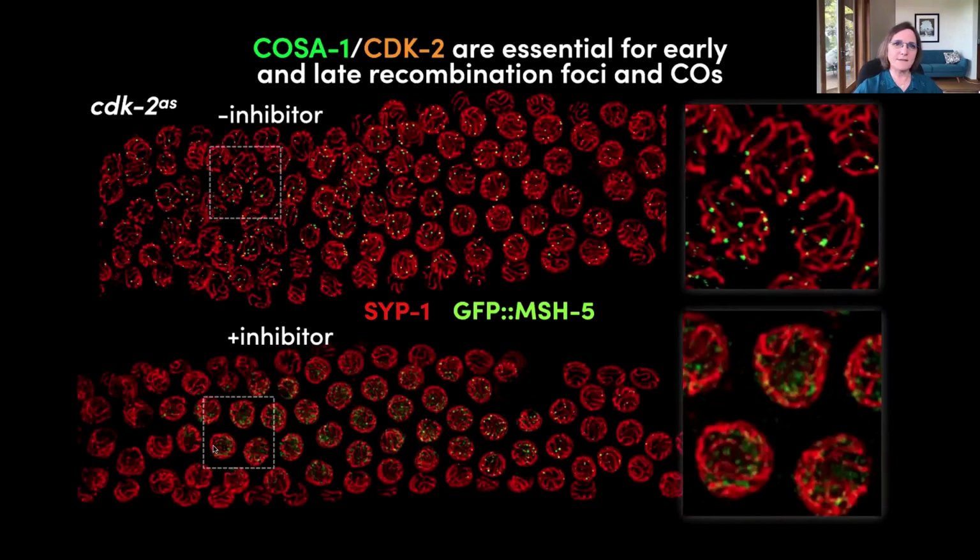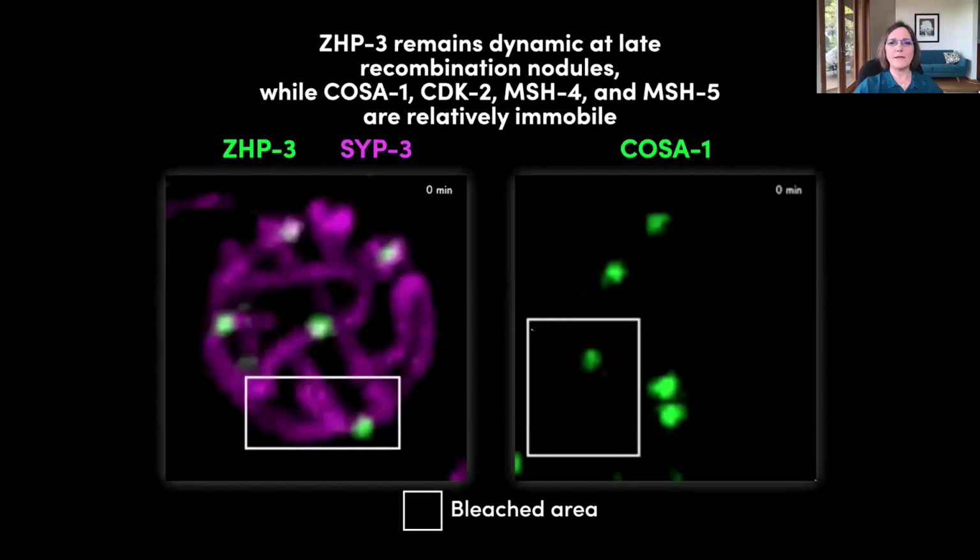But we do not think that COSA1 and CDK2, or MSH5 for that matter, are diffusing within the synaptonemal complex. They all, COSA1, MSH4, MSH5, all of these proteins accumulate at these late recombination sites. Interestingly, ZHP3 and its partner ZHP4 remain dynamic at these sites.